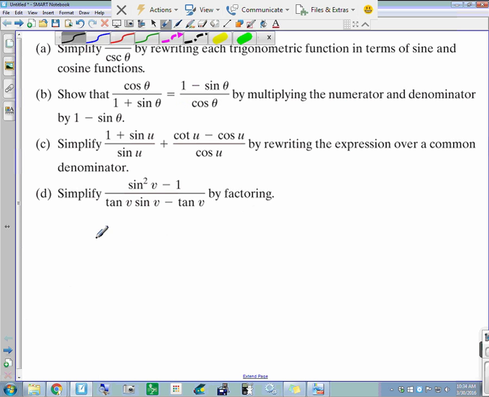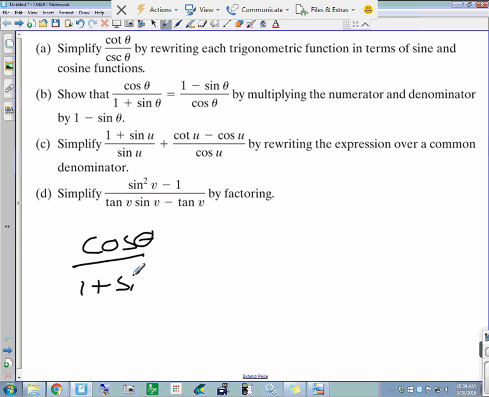So, cosine over 1 plus sine theta is equal to cosine, that goes up there, then 1 minus sine theta.